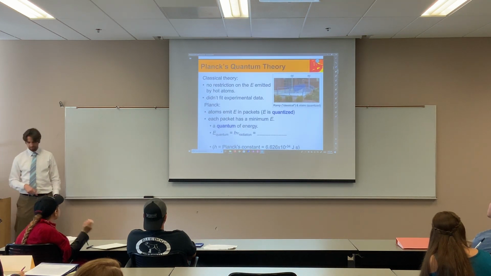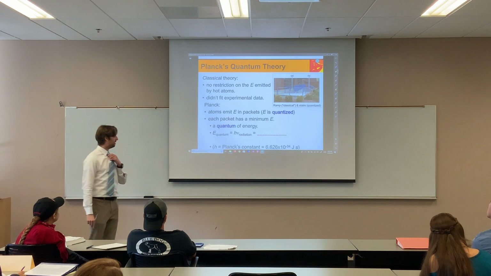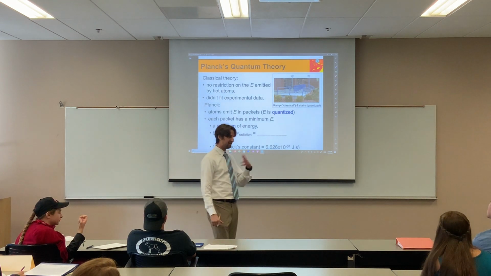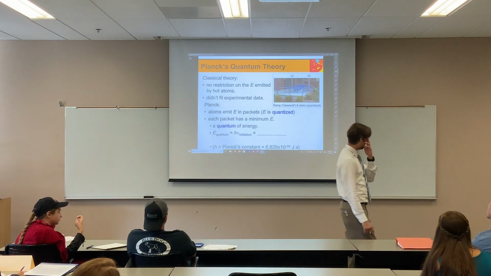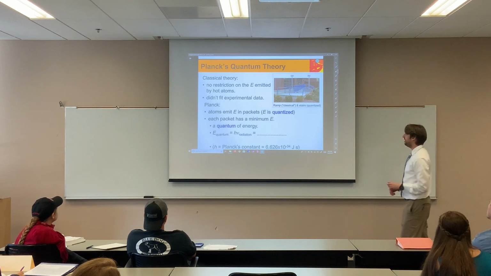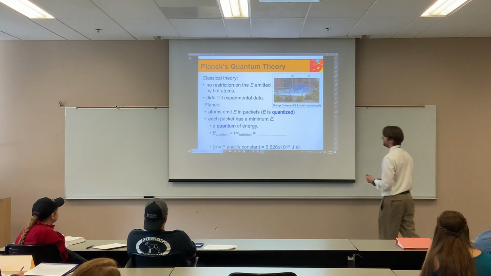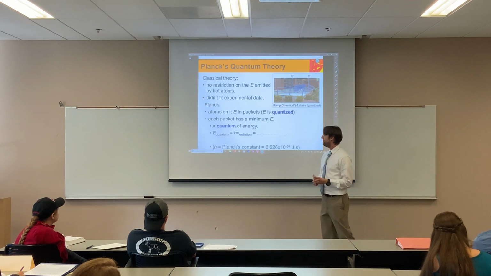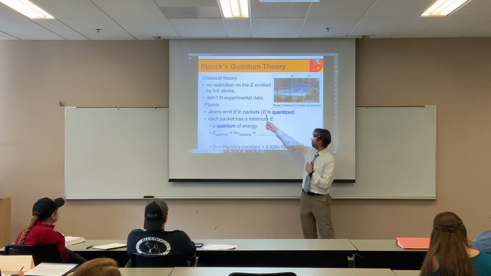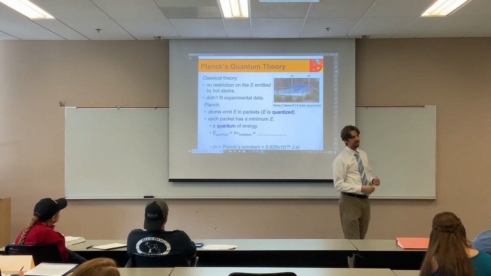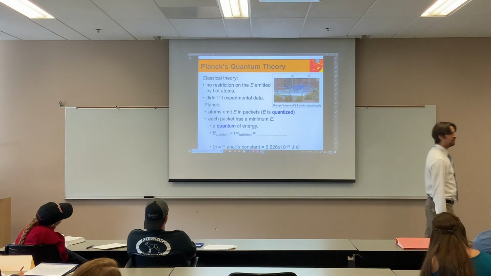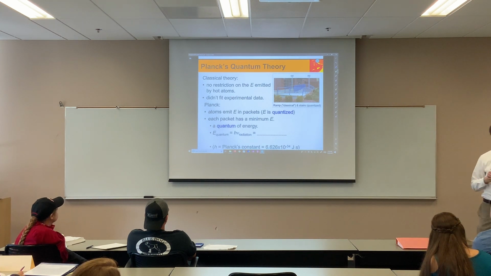So here's the best explanation I can come up with to visualize the idea between classical and quantum physics. In classical theory, there's no restriction on the energy emitted by atoms, okay? But that didn't fit the data. So the atoms emit energy in specific packets, they're quantized. There are discrete packets of energy, okay?